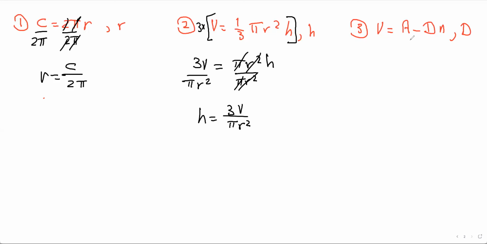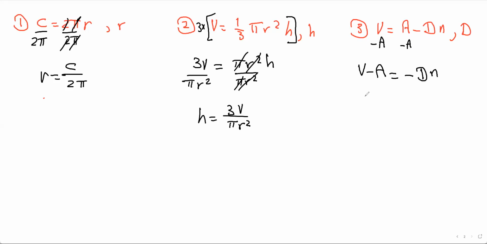How about this one right here? This one I need to solve for d, or isolate the d. The first thing I need to do is subtract a from both sides. So V minus a equals, don't forget that negative with the d, negative dn.